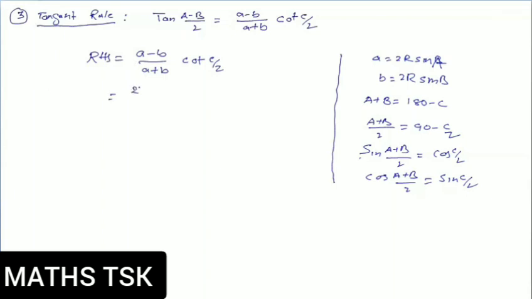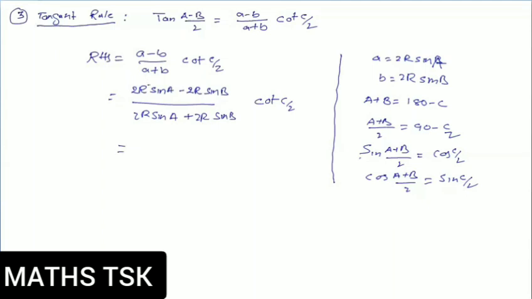According to sine rule, I wrote it here, (2R sin A minus 2R sin B)/(2R sin A plus 2R sin B) into cot C/2. Right, next one.